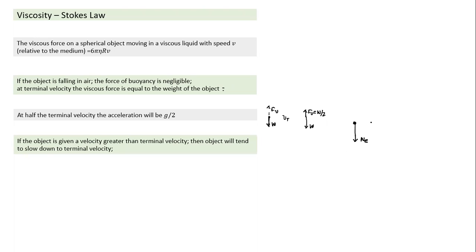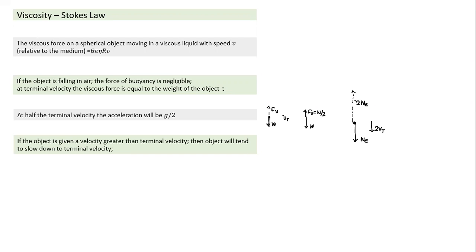Let's say it is given a velocity in the downward direction equal to 2 times terminal velocity. At terminal velocity, the viscous force is equal to the effective weight. At twice the terminal velocity, the viscous force becomes twice as much. So the viscous force, opposite to the direction of velocity, will become twice the effective weight here. Effective weight is weight minus force of buoyancy. So in this case, what will happen?